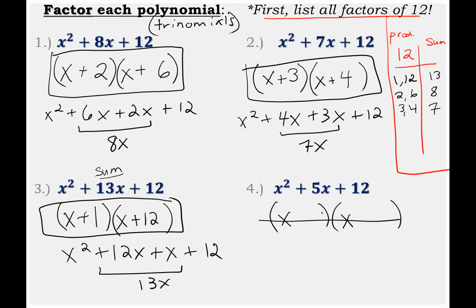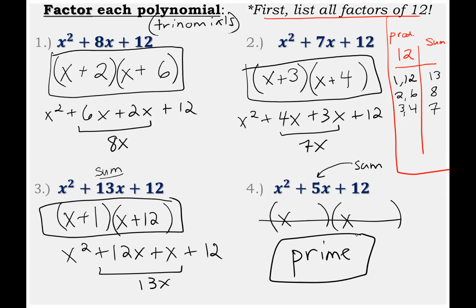No combination will give us that sum of 5x when we FOIL. So this polynomial is not factorable. We would call this prime. When you get to a problem like this on the homework, it will be an option that you can choose. Choice A will be to type in an answer. Choice B will be to just choose prime.